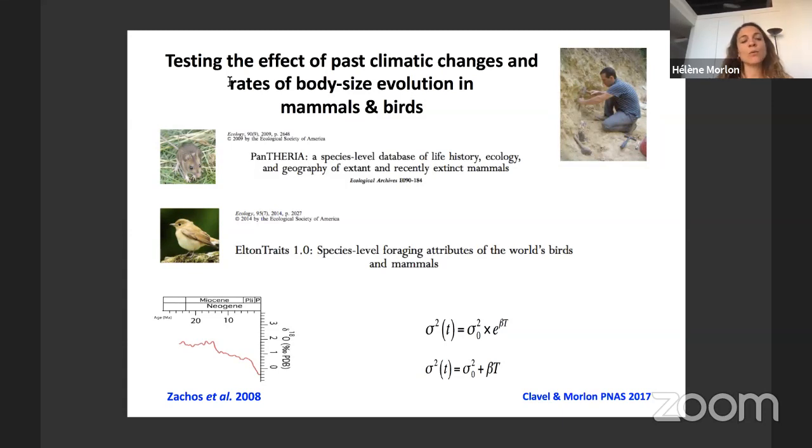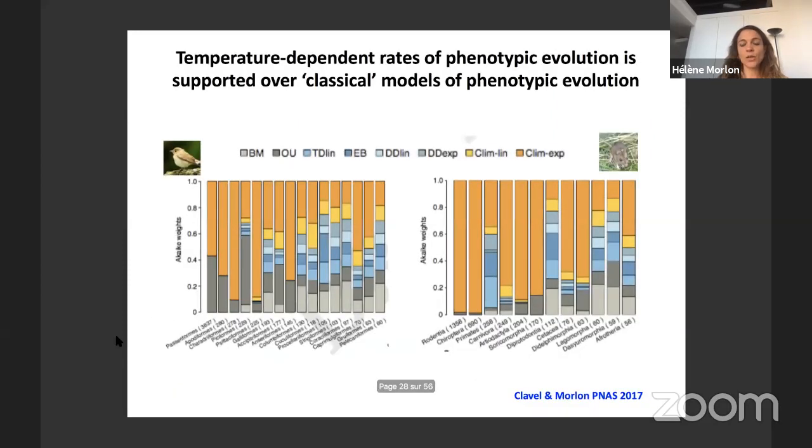So here we applied that to the question of body size evolution in mammals and birds, with big data sets that are publicly available of phylogenies and trait data at the tips of the phylogeny, and used a temperature curve across the Cenozoic, and again fitted different types of dependencies of the rate on past temperature.